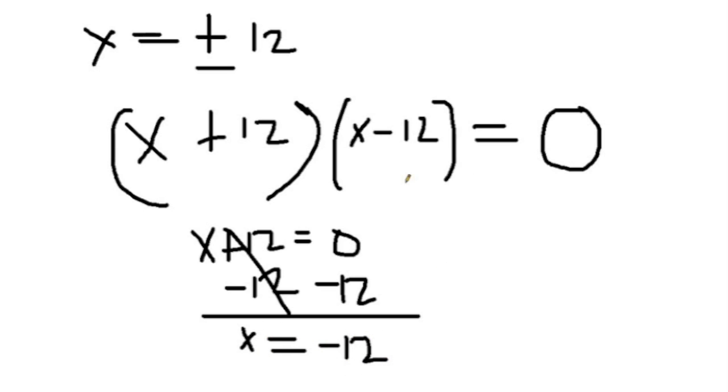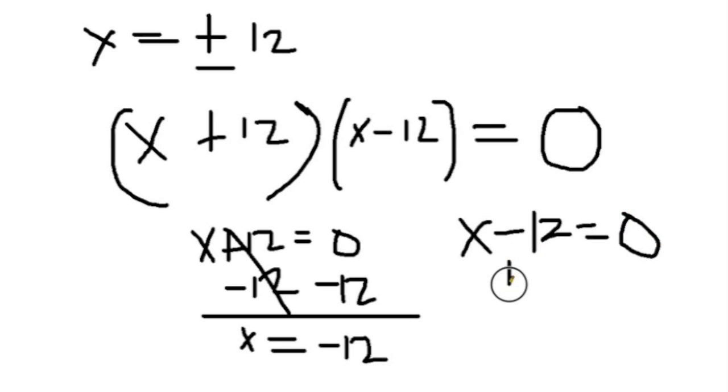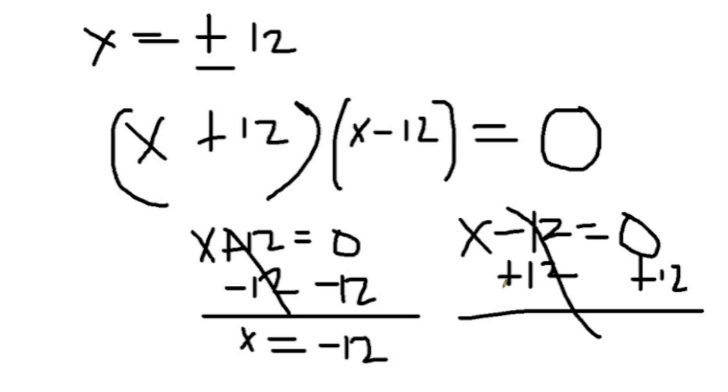All right, and you do the same thing with x minus 12 and set it equal to 0. And now you're going to do plus 12 here, because you're going to do the opposite. Cross that out. X equals 12. So that is how you do it by factoring.